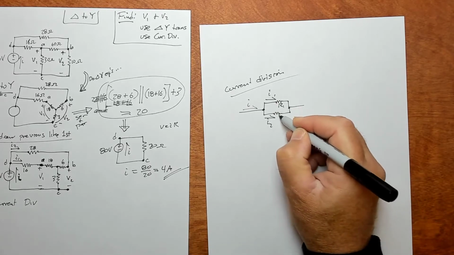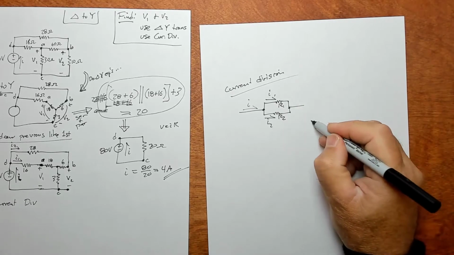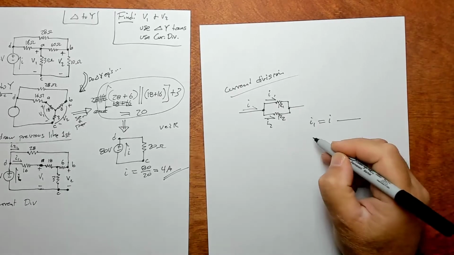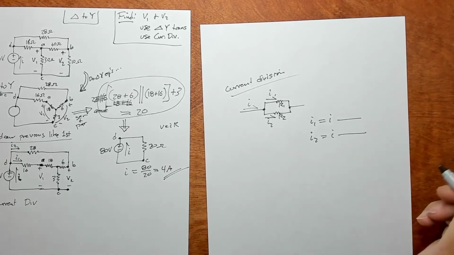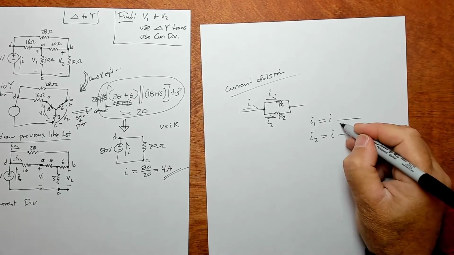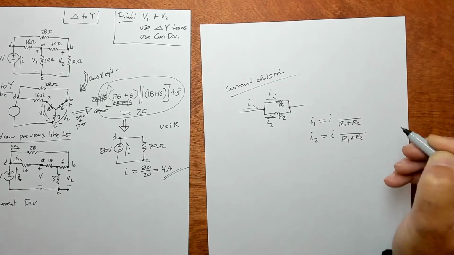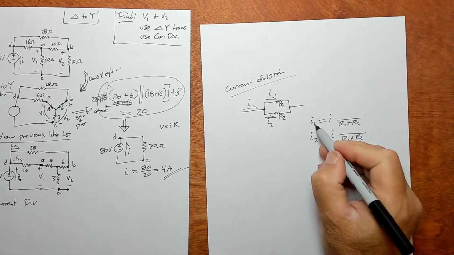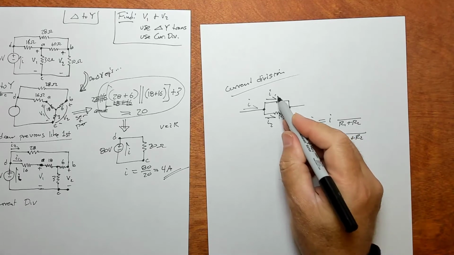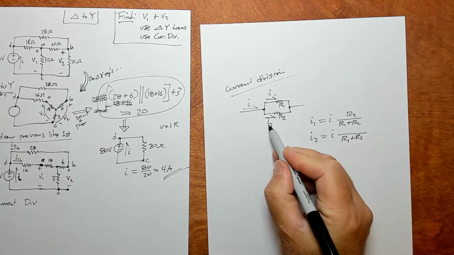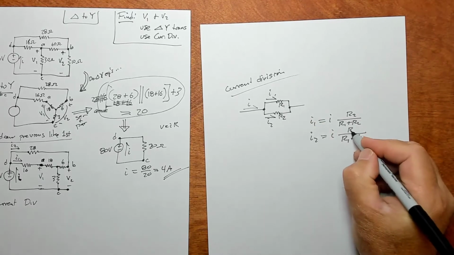And if you call this R1 and R2, what does current division say? I1 is going to be I split by something, and I2 is going to be I split by something. You put the sum of R1 and R2 on the denominators. Then for I1, you put the opposite, so you put R2 up here. And for I2, you put the opposite, so you put R1 up here.